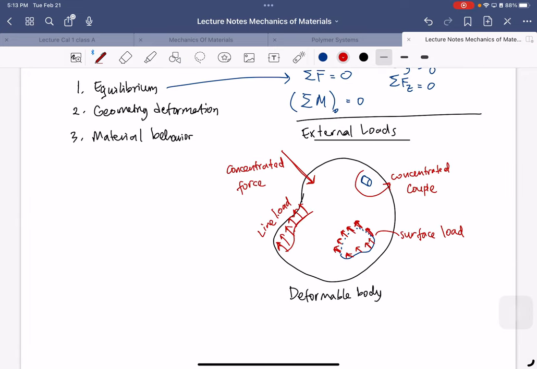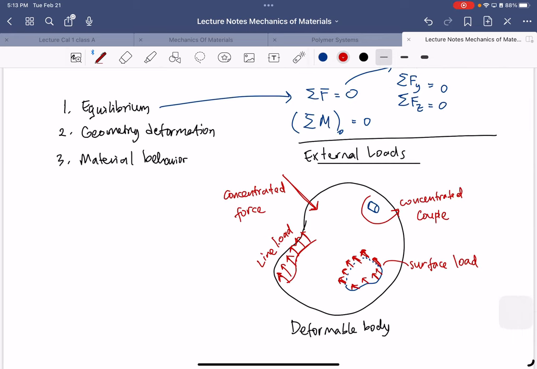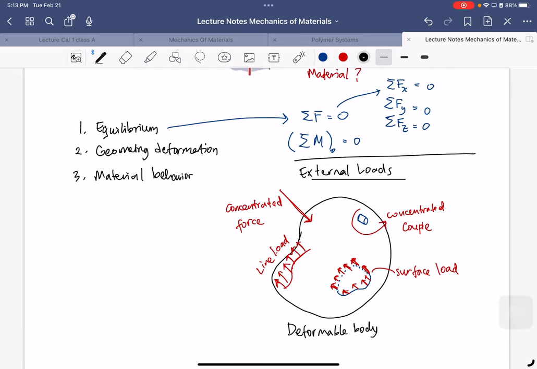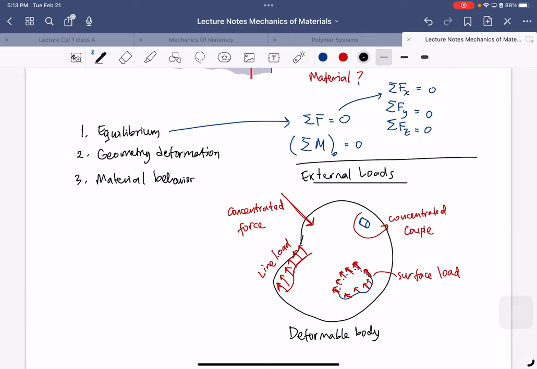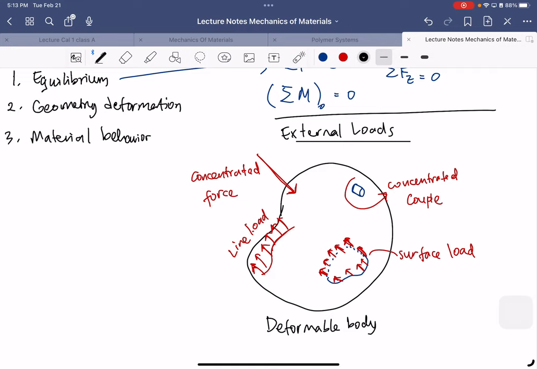This is just a brief intro. We are going to elaborate more later. If you want to take notes, you can, but if you want to skip this one, it's okay. Concentrated force, concentrated couple, line load, surface load.